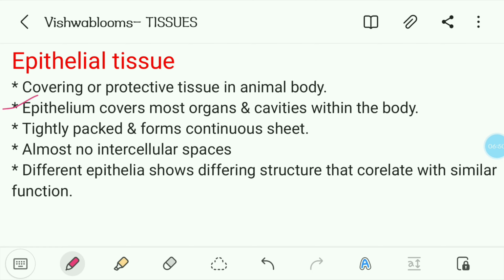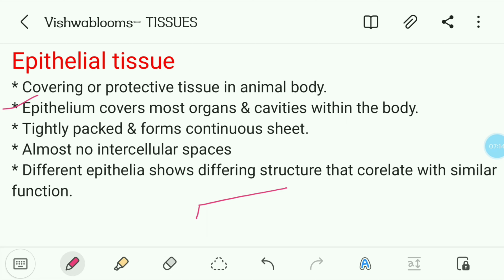Now this epithelial tissue is very tightly packed and forms a continuous sheet. There are almost no intercellular spaces, so there are no spaces between one cell and another.